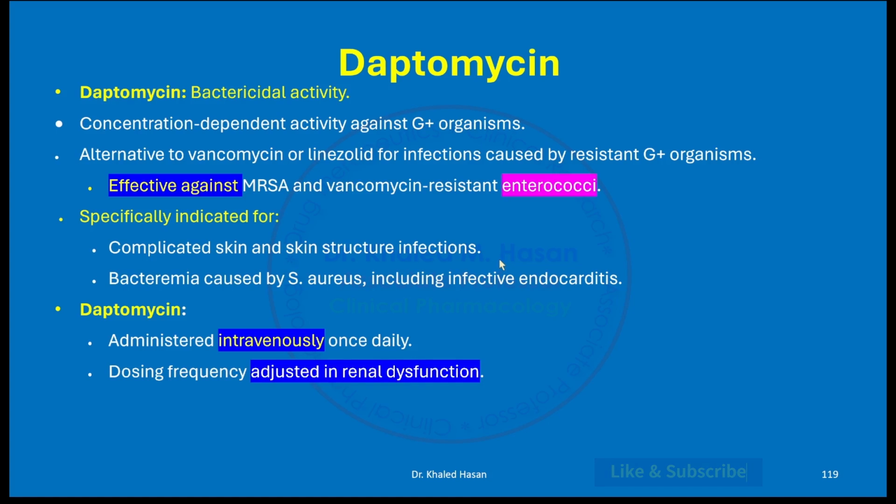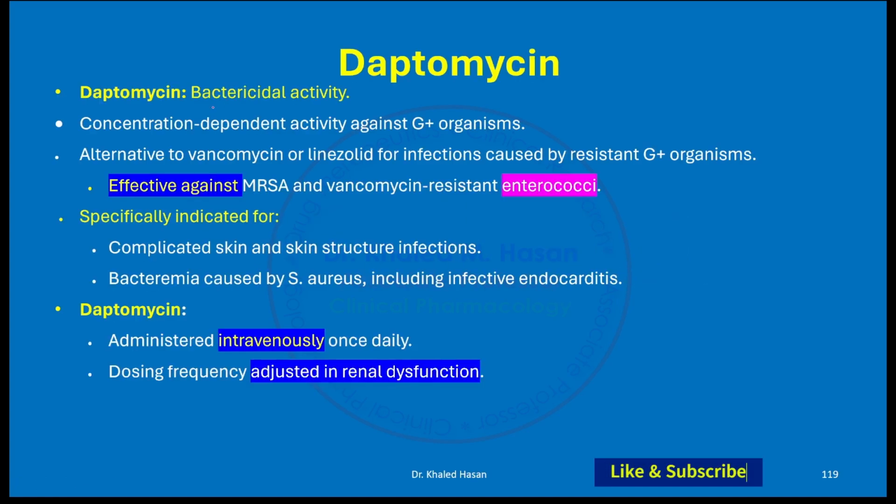The other medication we spoke about, vancomycin, and for polymyxin, daptomycin. Daptomycin is also considered bactericidal, with concentration dependent activity against the gram-positive, effective against MRSA and vancomycin resistant enterococci, and considered an alternative for vancomycin and linezolid infection.